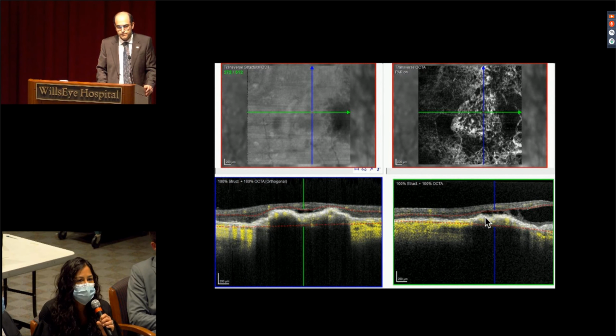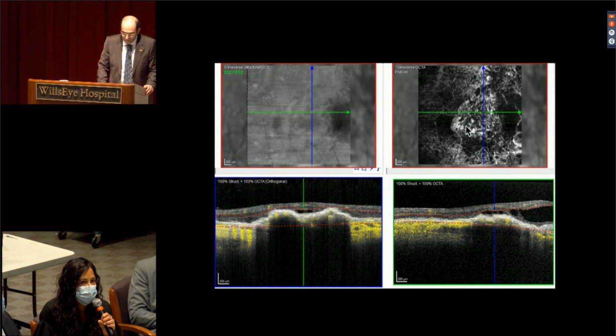So I'd be worried about some type of vascular activity here. Hard to say for sure if this whole thing is a vascular net, because we were seeing a lot of clumpy pigmentary changes here, but it'd certainly be suspicious, especially with the overlying fluid. You can get kind of like an ex vacuo type of effect where you get these cystic changes. But seeing the flow signal here would make me suspicious of something truly active.